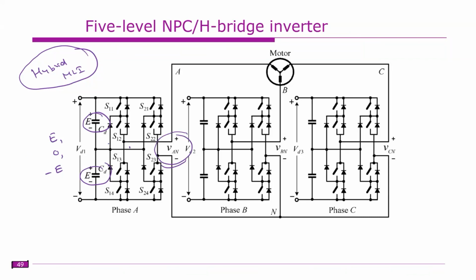If this entire thing is coupled here, this voltage may be produced from 2E, 0 to minus 2E. So you have plus 2E here and minus 2E here.